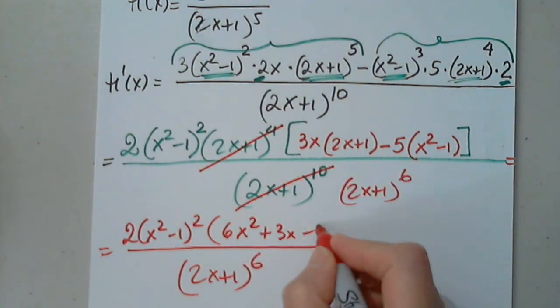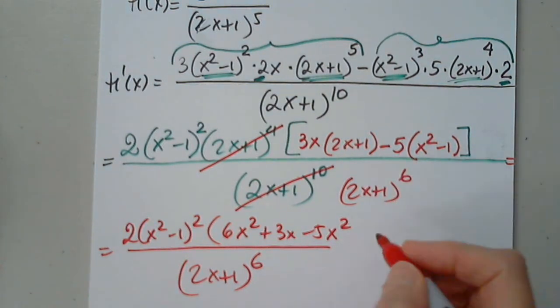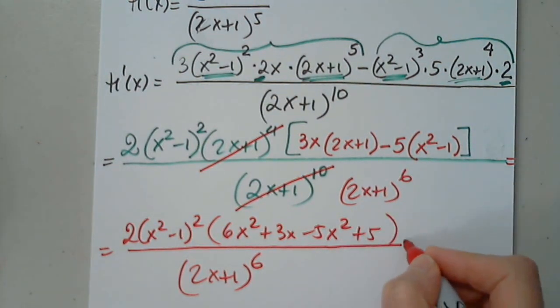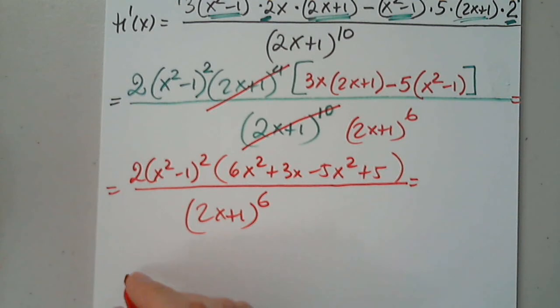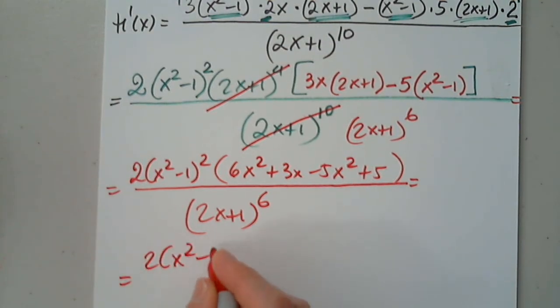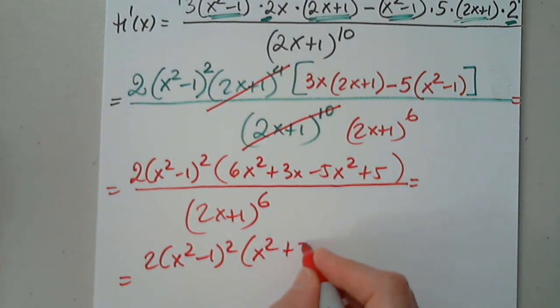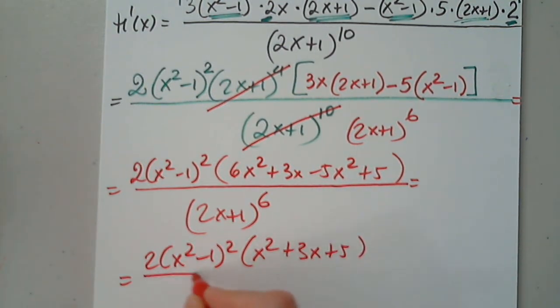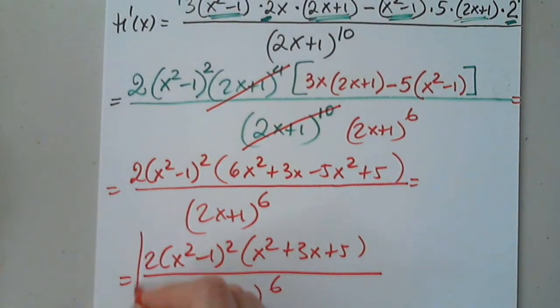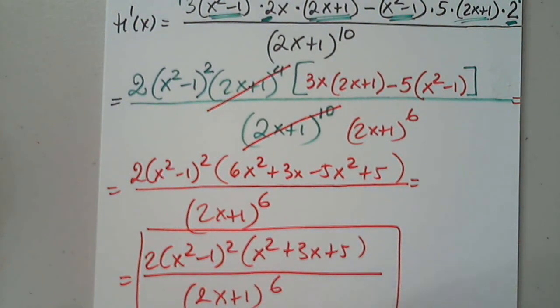Negative 5 times x squared. Negative 5 times negative 1. Final step: 6x squared minus 5x squared plus 3x plus 5. And this is done.